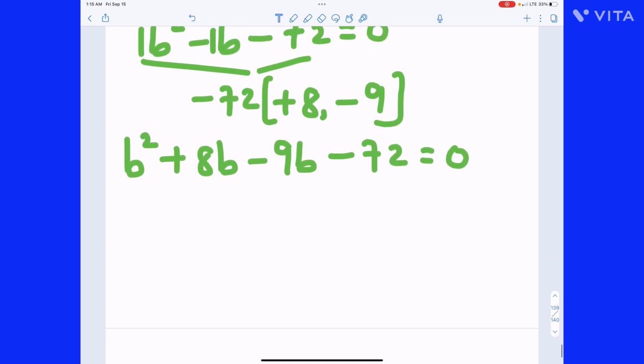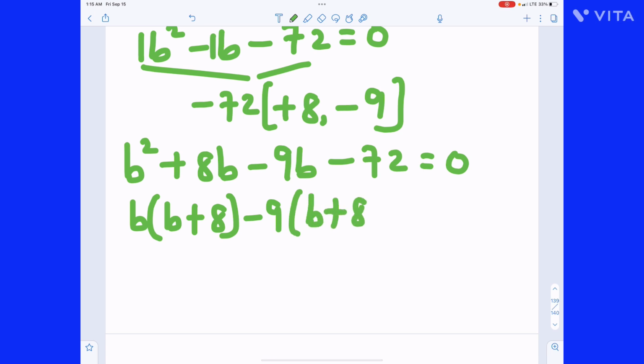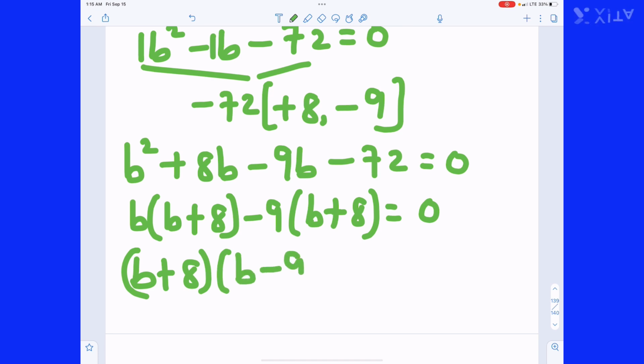What does that give you? You know how to factorize, so I'm just going to go ahead and write my factors. b plus 8, minus 9, b plus 8 is 0. This gives you b plus 8 times b minus 9 is equal to 0.